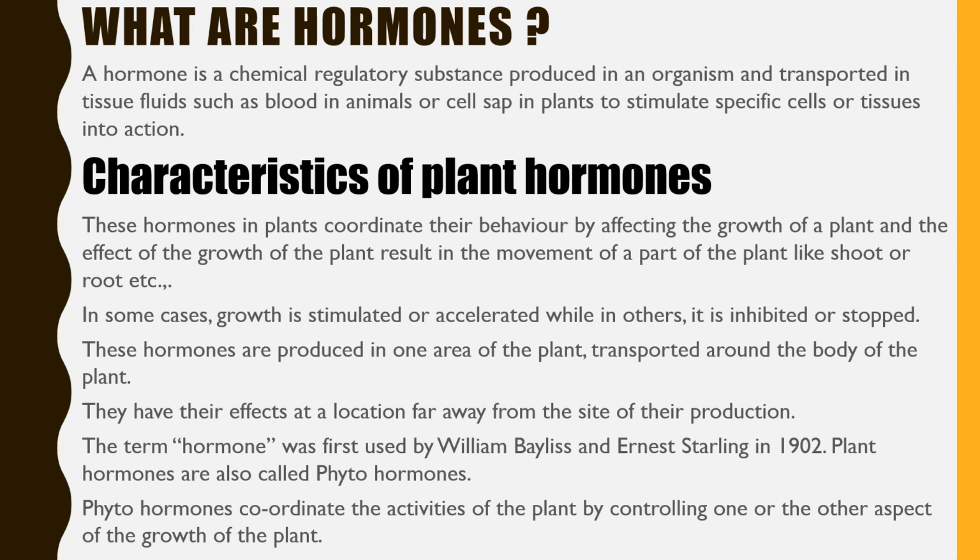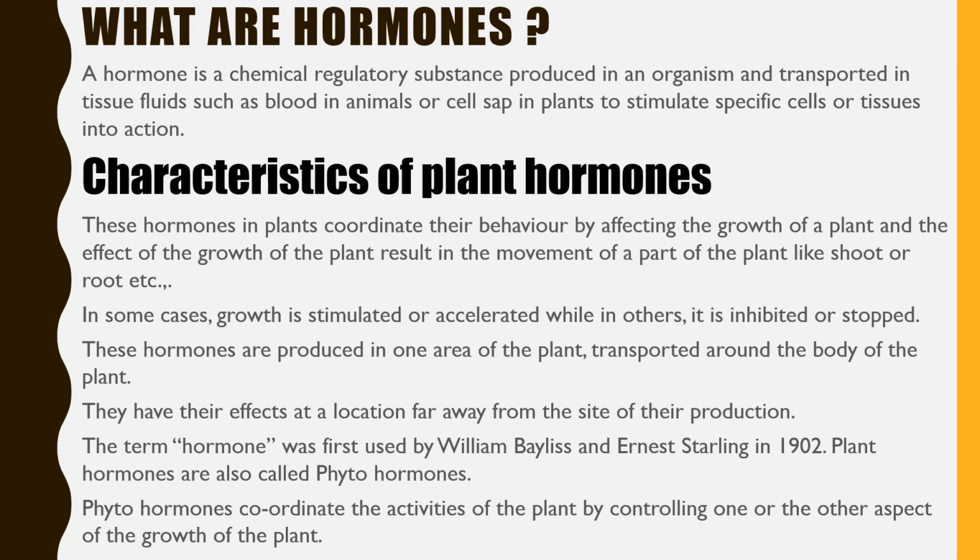For example, auxin and gibberellin are plant hormones which promote growth and development, but abscisic acid is a plant hormone which retards or stops the growth and development of plants.